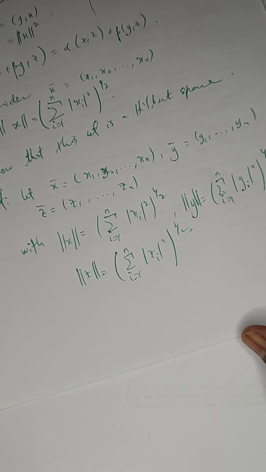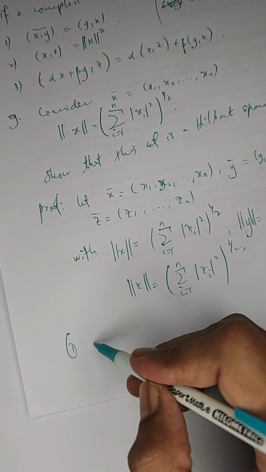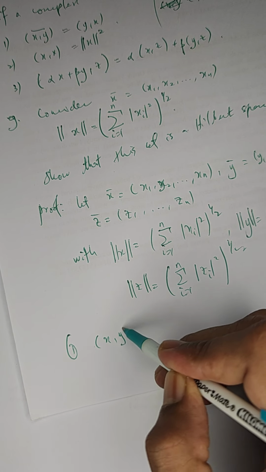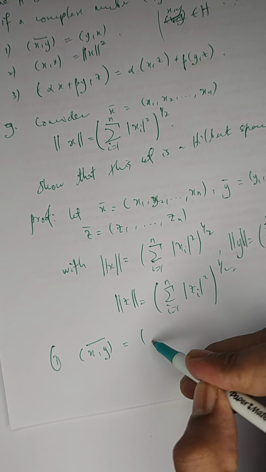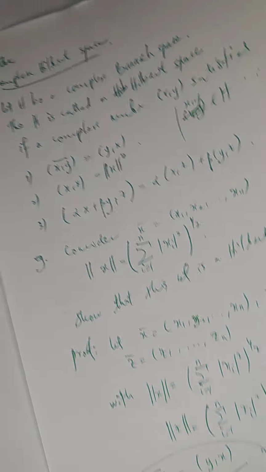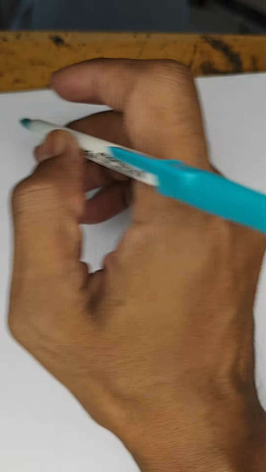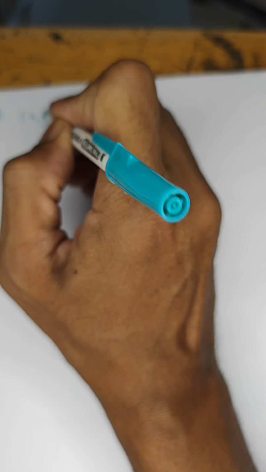So the first condition that we need to prove is that the conjugate of (x, y) is equal to (y, x). So we need to show that property. So let's do it. For the first property, we want to show the inner product of x, y, conjugated.